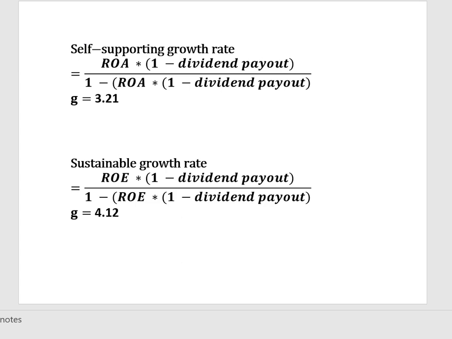Again, the self-supporting growth rate was the first one we talked about. Now this is the sustainable growth rate. And now you just substitute ROE, which is the equity number, for ROA, return on assets. So now it says that sales can grow by 4.12%. If it were to grow at 4.5%, we would be forced to go out and gather funds using debt and using new common stock to finance that extra growth.